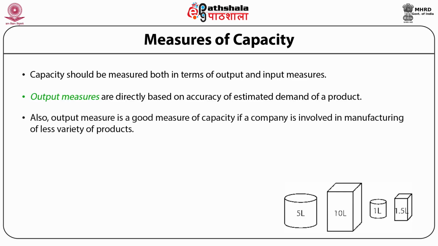Also, output measure is a good measure of capacity if a company is involved in manufacturing of less variety of products. Manufacturing of standardized products makes it easier for a company to dedicate resources to increase capacity.